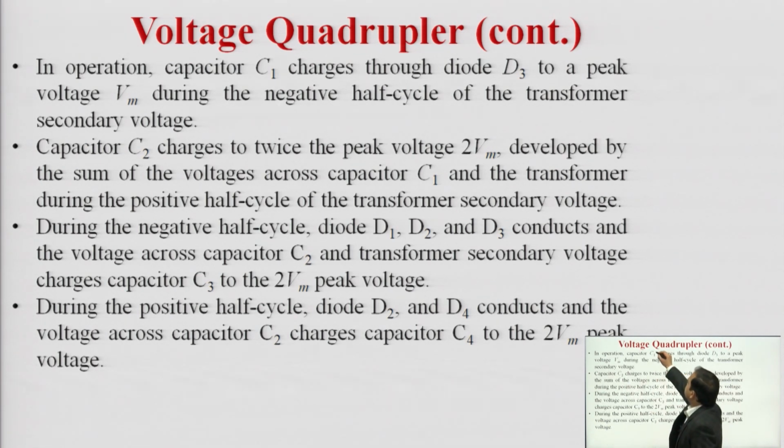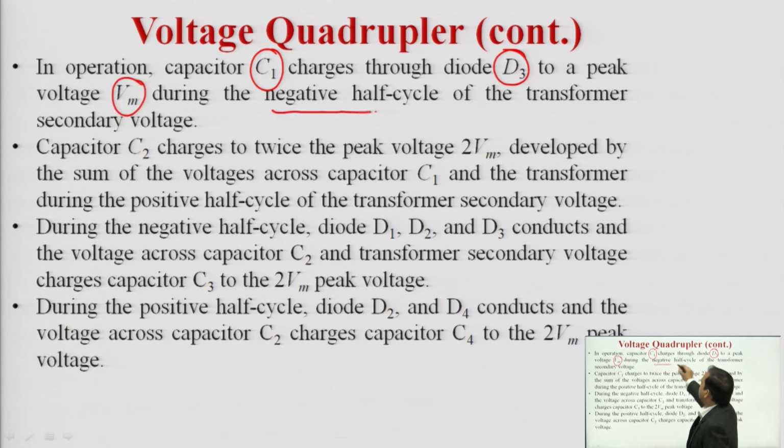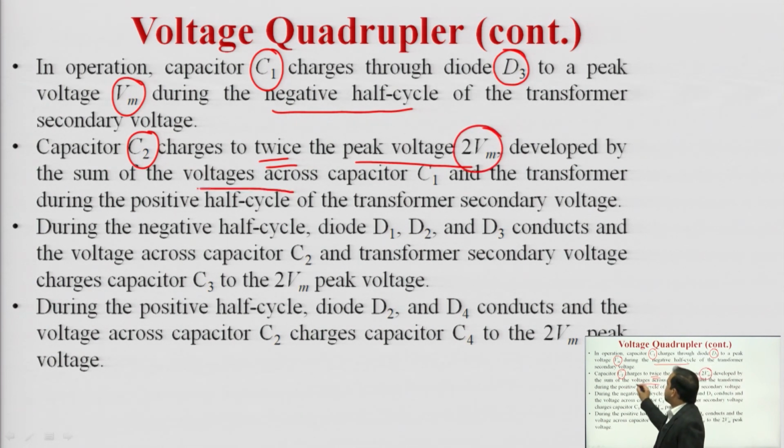First, we have seen that capacitor C1 will be charged through the diode D3 to a peak value of Vm during the negative half cycle. After that, capacitor C2 was charged to twice the value of peak input voltage, which is now 2 times Vm, during the first positive half cycle.